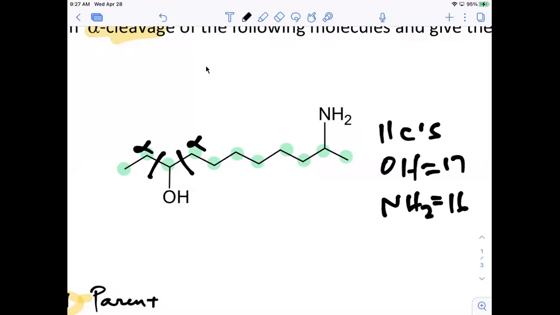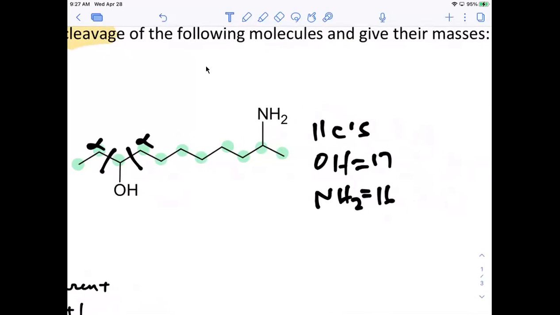So 11 carbons, an OH, and an NH2, and this is in grams per mole. 11 carbons times 12, I think that's 132. Then if you count up all the hydrogens, for the two terminal carbons that's 6, and then you have 1, 2, 3, 4, 5, 6, 7 CH2s, so that's 14, and then 2 CHs.